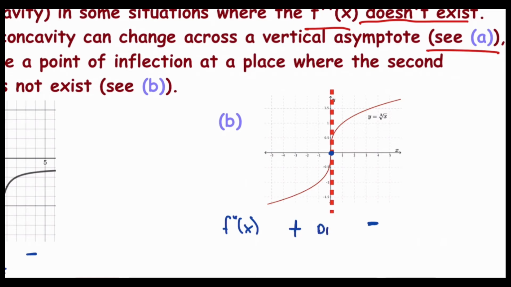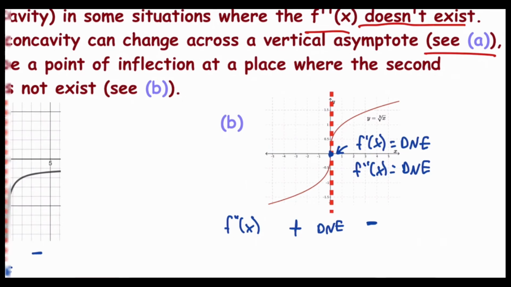It does not exist once again, because if I take my first derivative at this point, I'm finding the slope of this line, but right here at this point, my tangent is a vertical line. I can't find the slope of a vertical line. So if I can't find the first derivative, how could I find the second derivative? It does not exist at that point, and so that's where it's a little bit tricky.